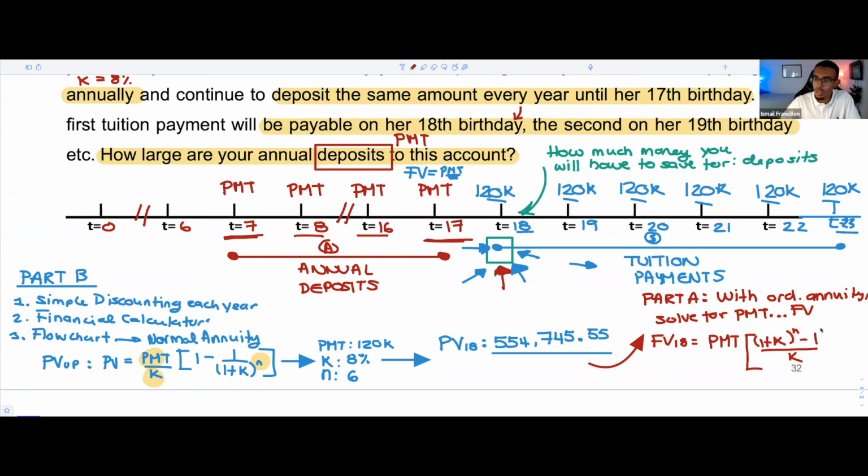There you go, my bad. So yeah, this would be your formula that you could use to solve for payment.